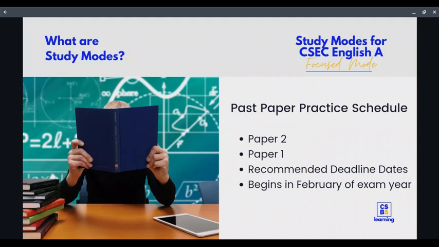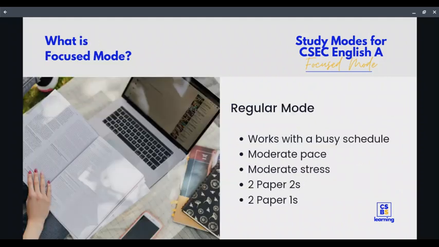So with a past paper schedule, you want to have paper twos and paper ones. I'm also going to give you recommended deadline dates for finishing your papers. Ideally you should be starting in February. I like January, but ideally you can start in February of your exam year.